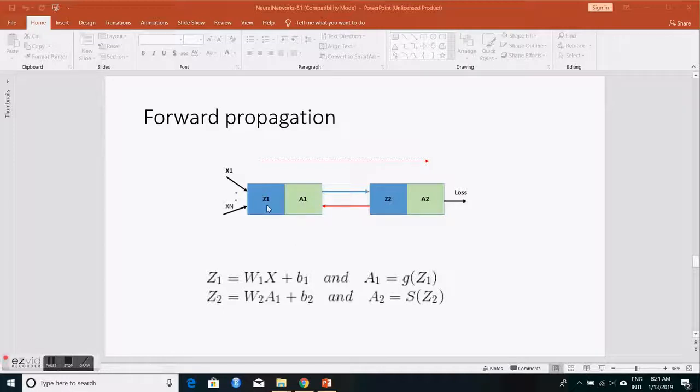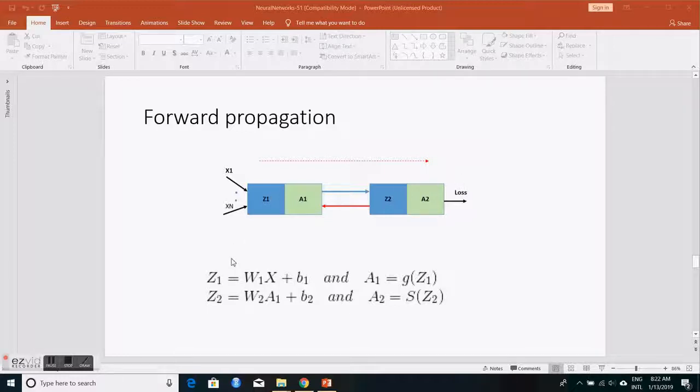So now let us take a real network where you have inputs x1 up to xn, and the first layer has linear activation Z1 and the activation A1, which then feeds into the second layer, which has Z2 as the linear activation and A2 as the softmax output, and then you have the softmax loss or the cross entropy loss.